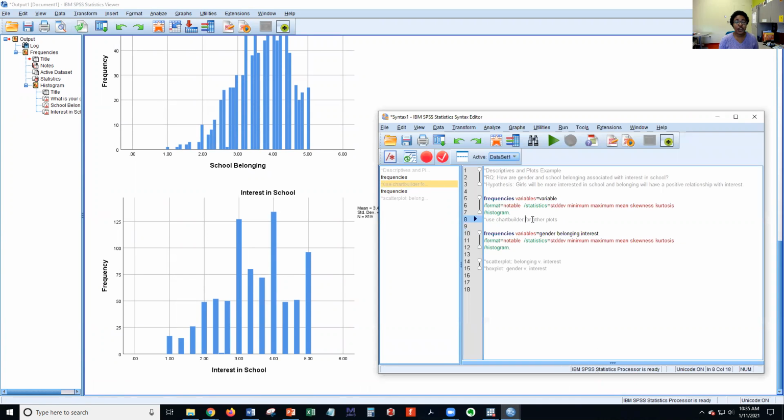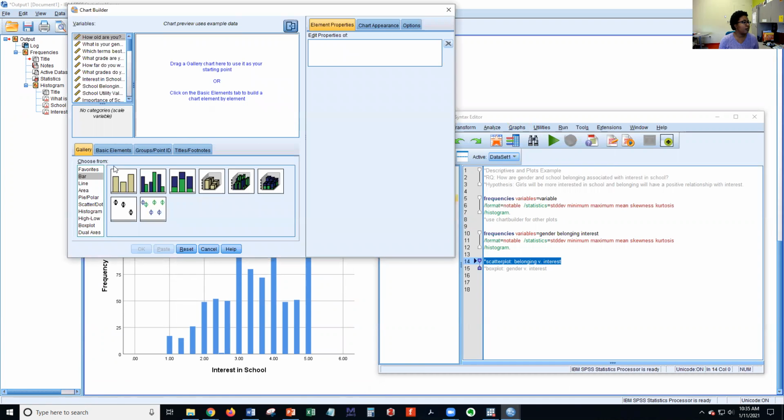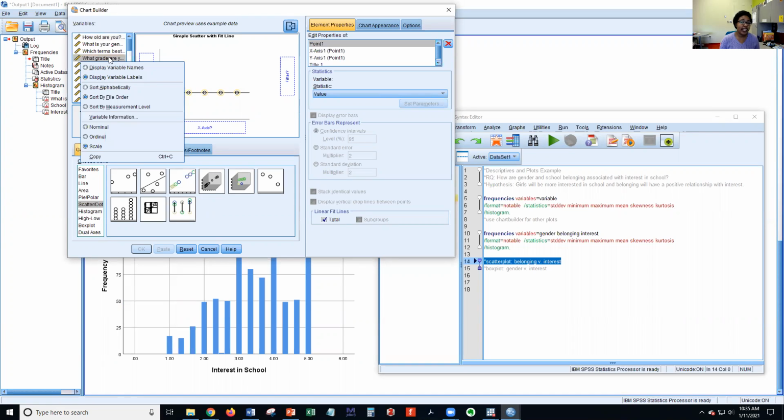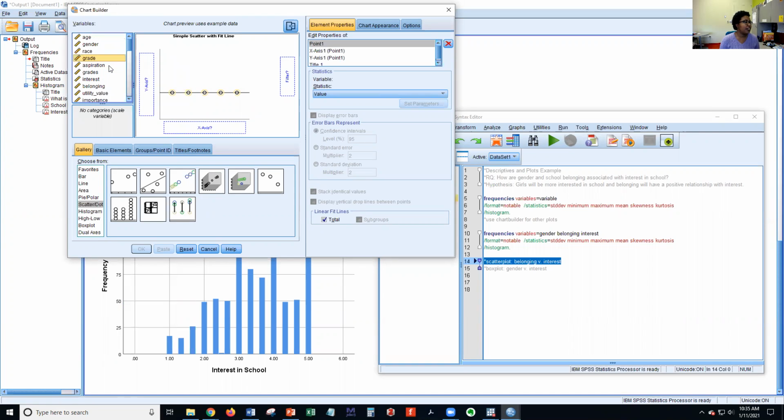And now we want to use our chart builder to get these other plots. So first we're going to get a scatter plot of belonging and interest. So we go to graphs, chart builder. So we want to view our scatter plot with a fit line. We are going to right click to display our variable names, just to make it a little bit easier.